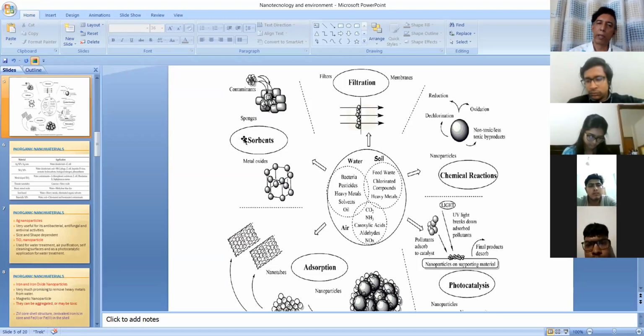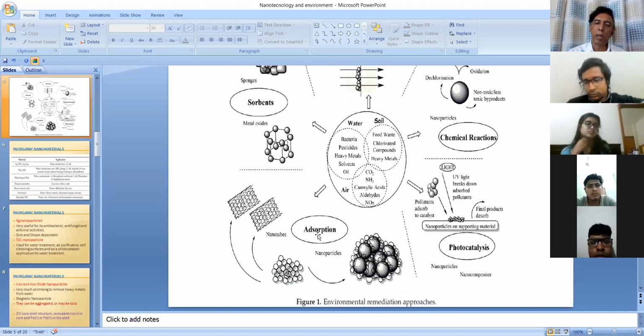So these are called sorbents. For example, sponges that can absorb the contaminants. This is absorption. It can be done by nanotubes or by any nanoparticles.